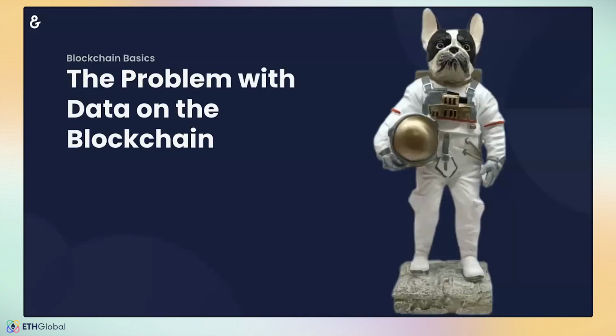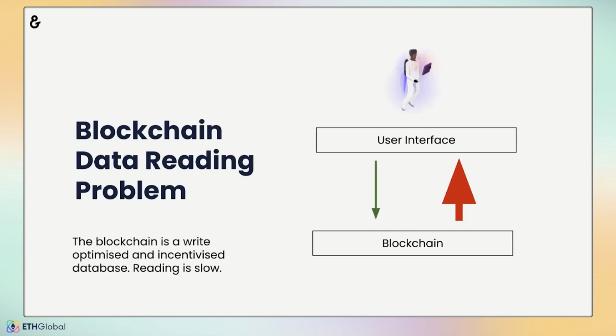We will look at that later on. But there is a problem with the data on the blockchain, as I said before. The user interfaces, as we initially saw, want to read and want to write to the blockchain. And as we saw before, it is incentivized.